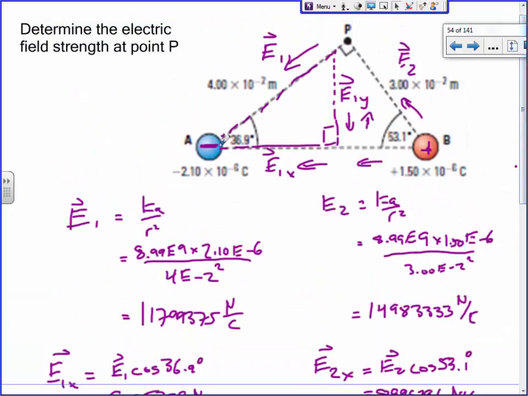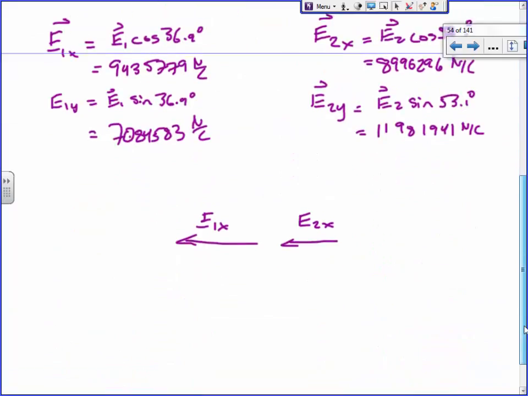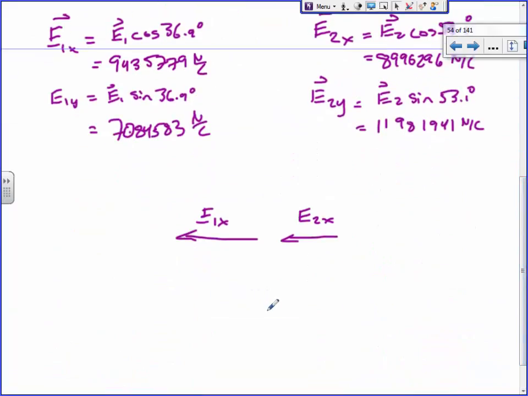And then, let's see, did I do that right? So this one's coming towards, this one's coming towards. And then positive, this one's going away, this one's going away, so I need one of these to go up, one of these to go down, so that was E1Y, E2Y.